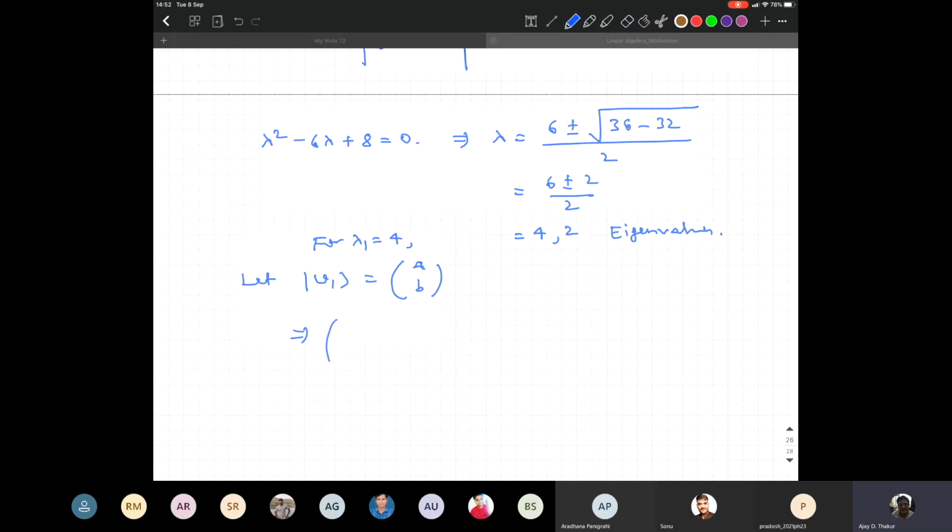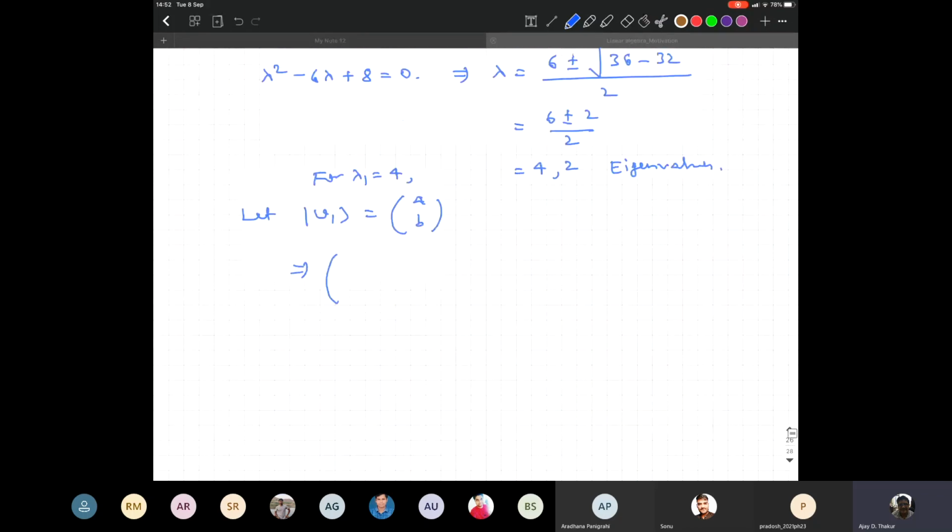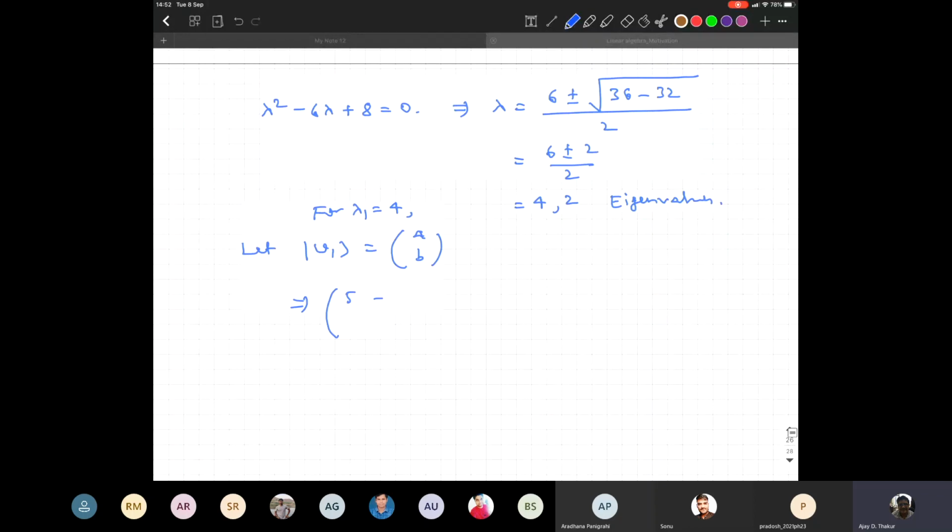So that simply means that we have the matrix (5, minus 1; 3, 1) acting on (A, B) equals 4 times (A, B). Right, so that would mean 5A minus B and 3A plus B equals 4A, 4B.